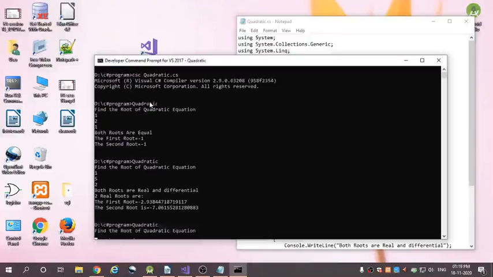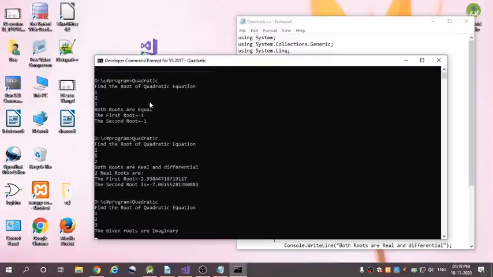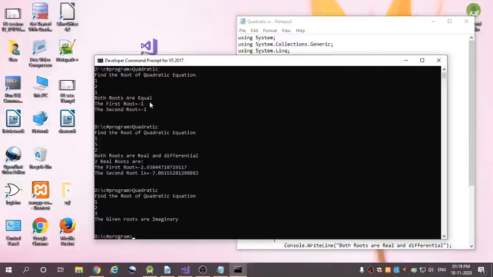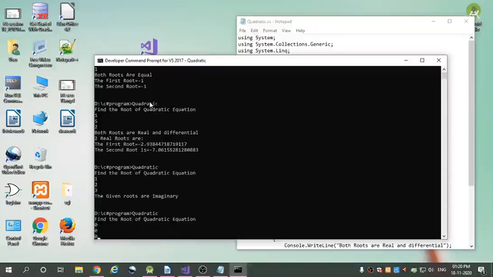One more execution. I type here 1, 2, 3. Here the given roots are imaginary. Then I enter here 0, 0, 0.